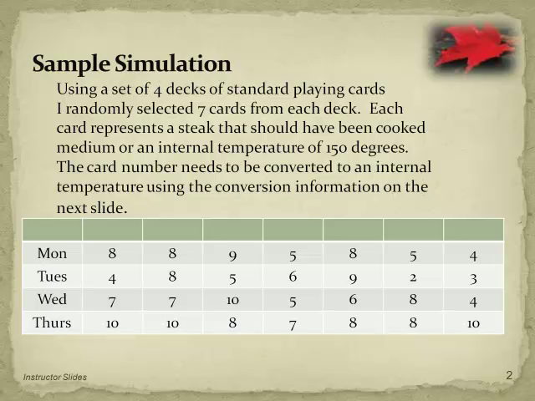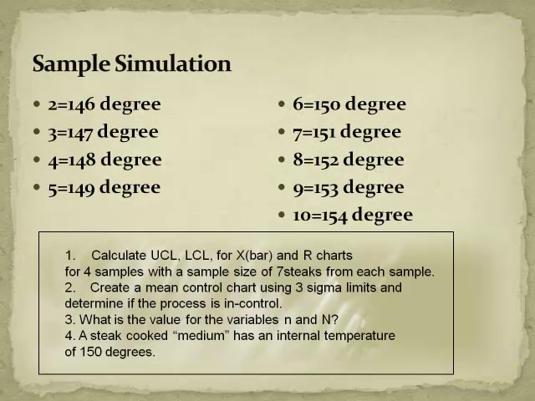Now each of the numbers on the cards is going to correspond to a specific internal temperature. All these steaks should have been cooked medium, and the internal temperature of a medium steak should be about 150 degrees. The conversion of the cards to internal temperatures is shown right here.